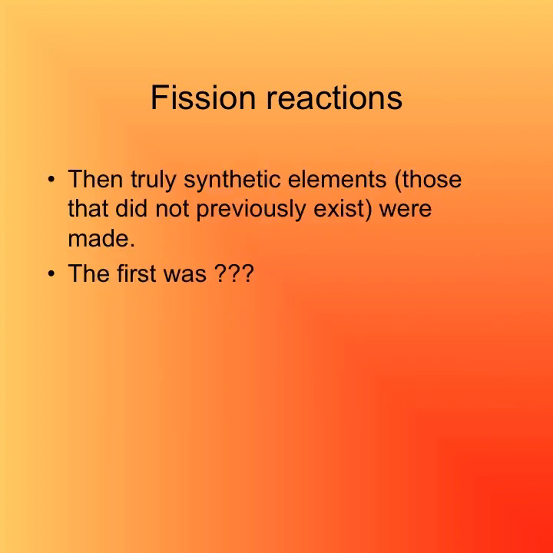The truly synthetic elements, those that are above atomic number 92, are made by using fission reactions. But let's talk about the first truly synthetic element. It's an interesting story, and that means one that was not previously existent. The very first one was technetium.